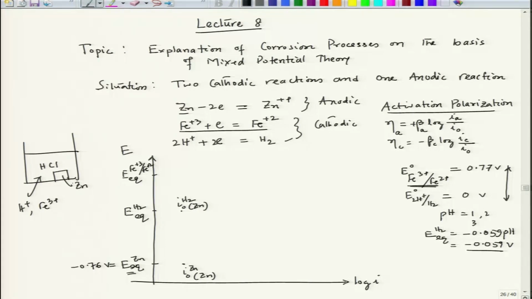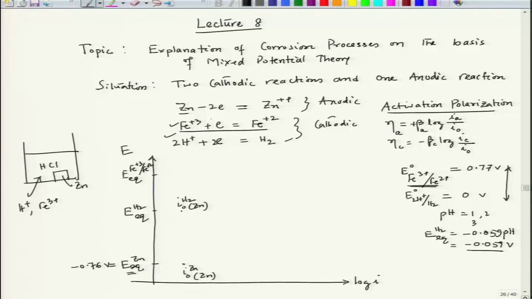Now, these two reactions must find some surface on which they can happen, and the surface over which they would happen is basically the zinc surface. So, that is the I0 of hydrogen over the zinc surface. Similarly, Fe plus 3 getting reduced to Fe plus 2 would also happen on the zinc surface.